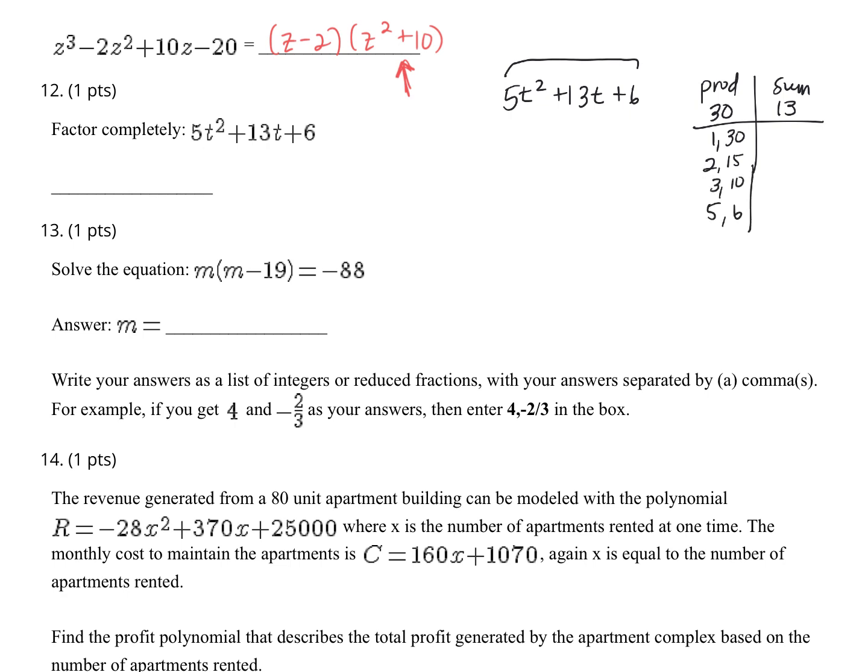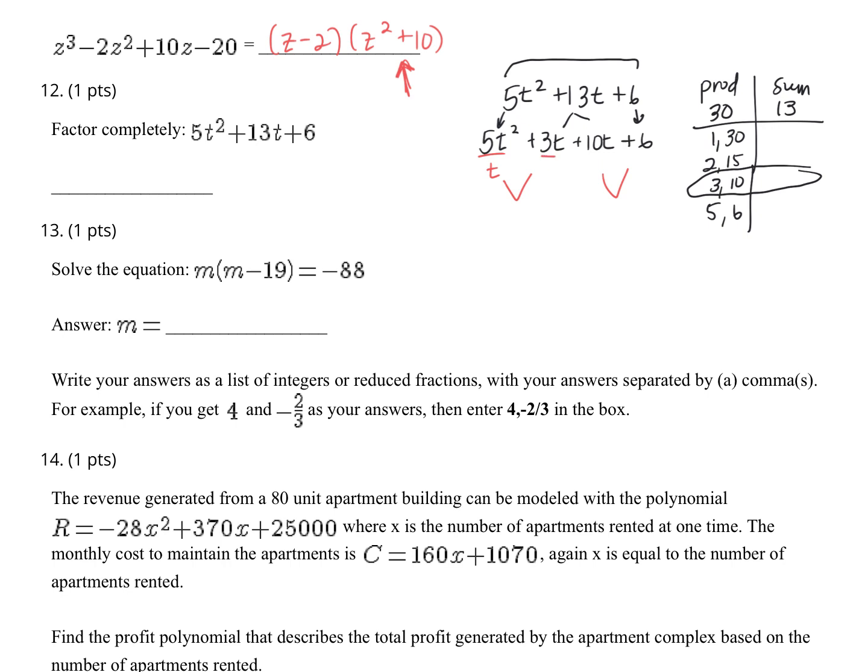And I will see that the ones that add together to give me 13 are 3 and 10. So this will be 5t squared plus 3t. Remember, you bring your first one down, you split the middle into the 2 numbers you find in the chart, so 3t and 10t. Bring down the last, and then you do factor by grouping.